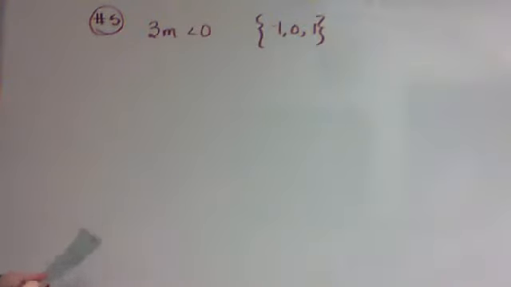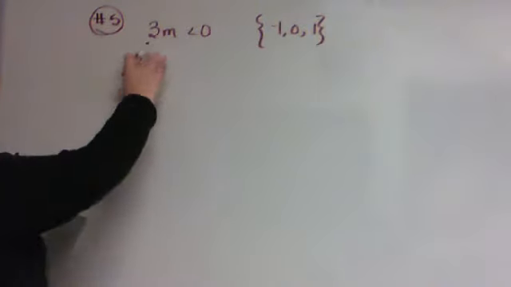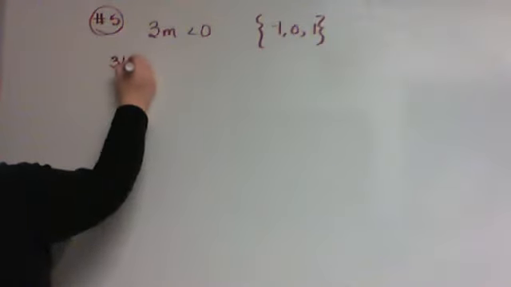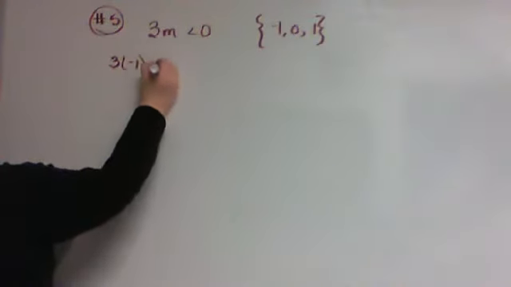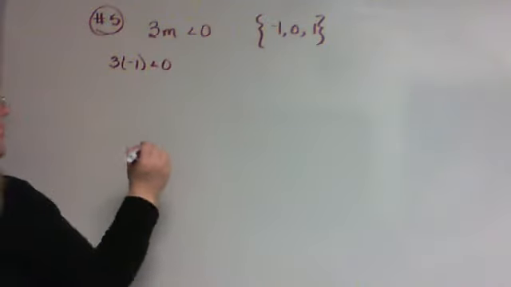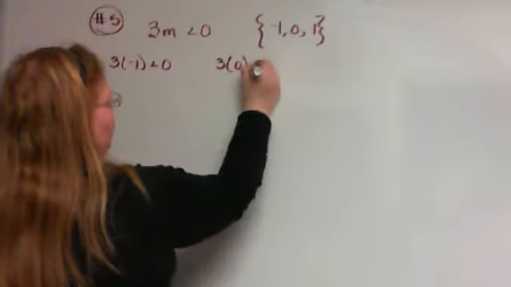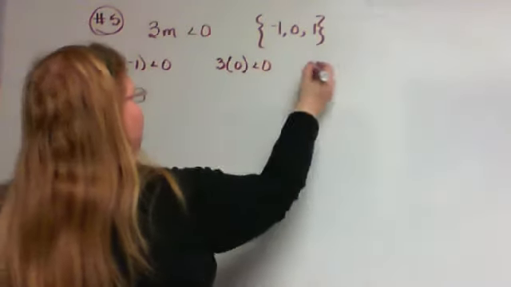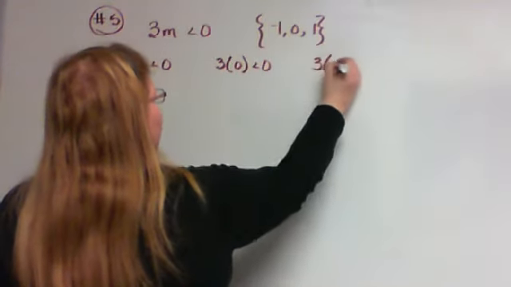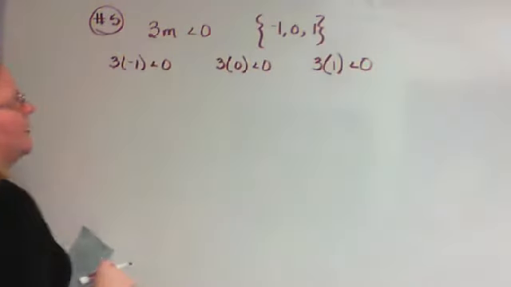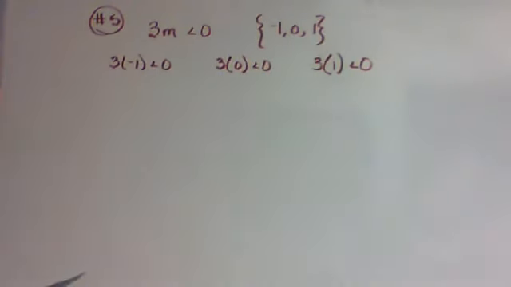So we have to take each of those numbers and plug them into here. So for my first one, it's going to be 3 times -1 is less than 0. For my next one, 3 times 0 is less than 0. For my next one, 3 times 1 is less than 0. And we don't know if any of these are true or not. We're going to try them all, see what happens.